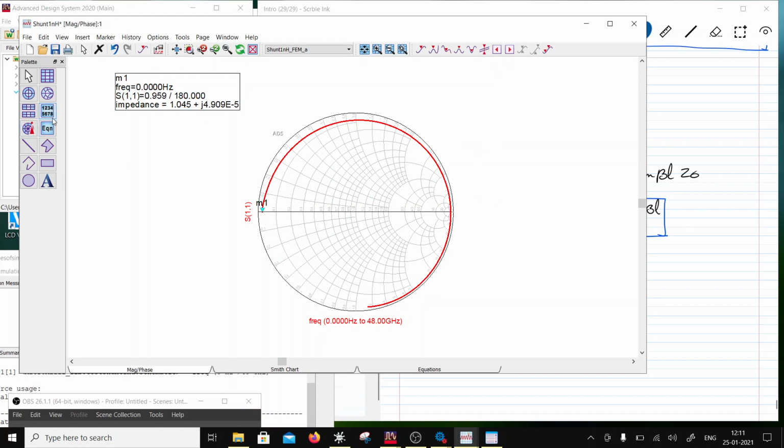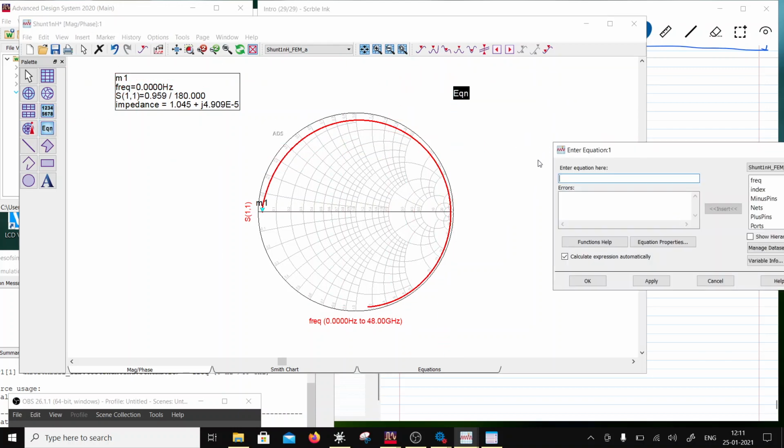Now I want to see what the inductor values are. So I will do an S to Z conversion.